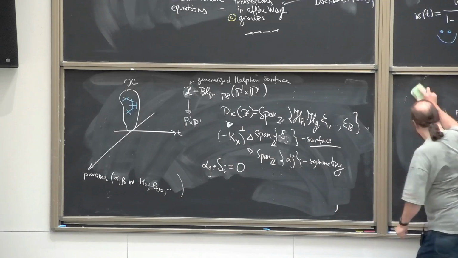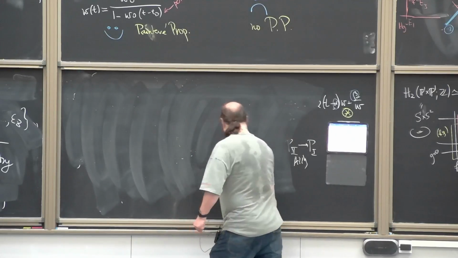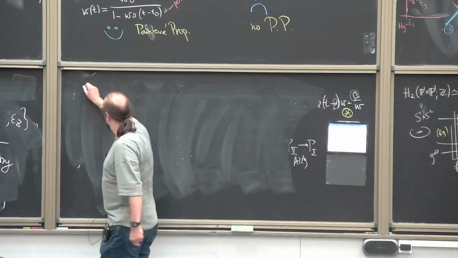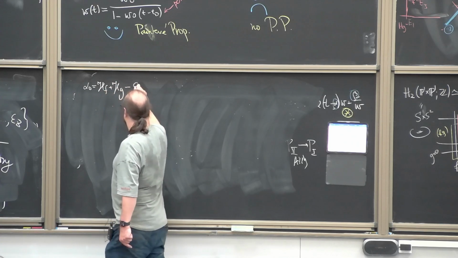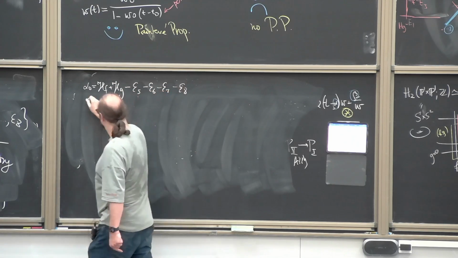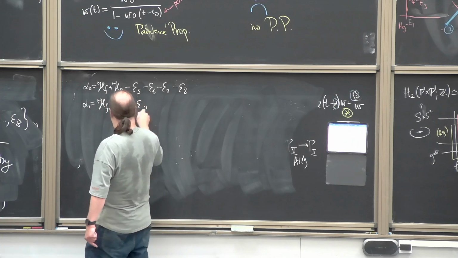You can compute what these alphas are, and they are HF plus HG minus E5 minus E6 minus E7 minus E8. Alpha 1 is HF minus E3 minus E4.